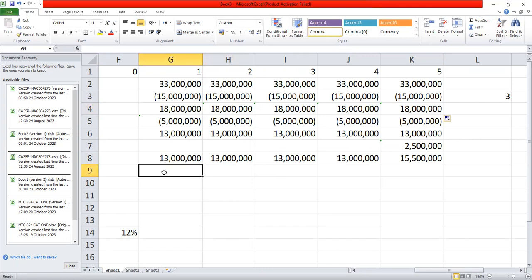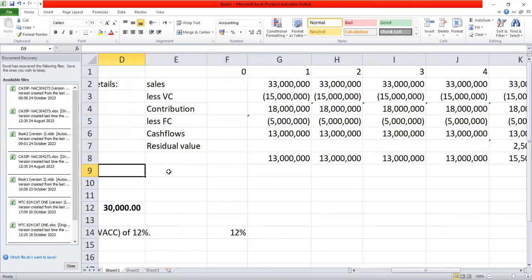Now we have the net cash flows. And then we are going to get the net book value, NBV.